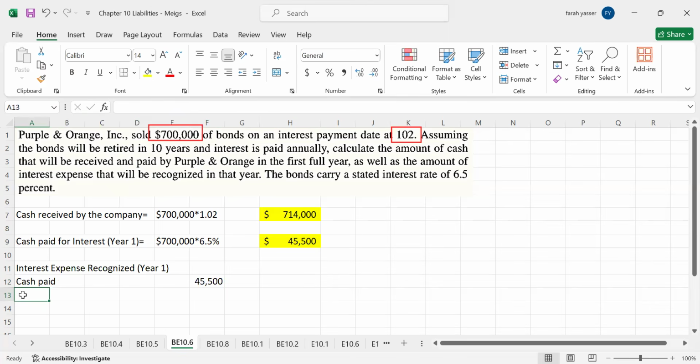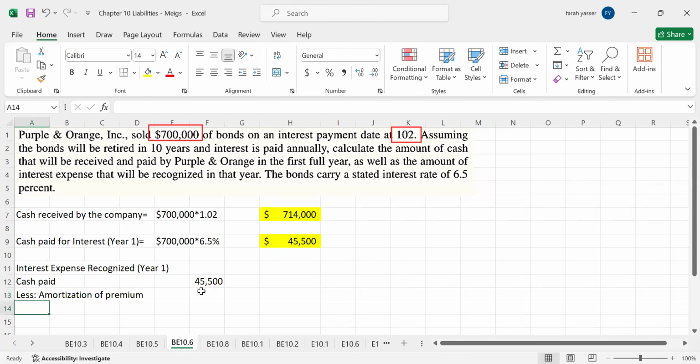Because the bonds are issued at premium, this premium is going to be adjusted against the cash paid, and it will decrease the total interest expense. So we deduct less amortization of premium on bonds.